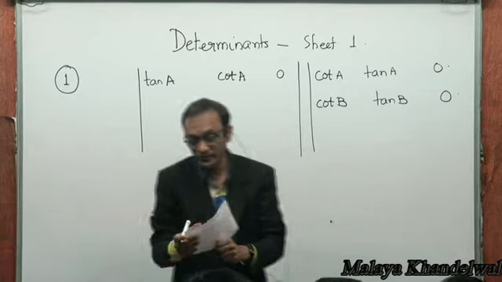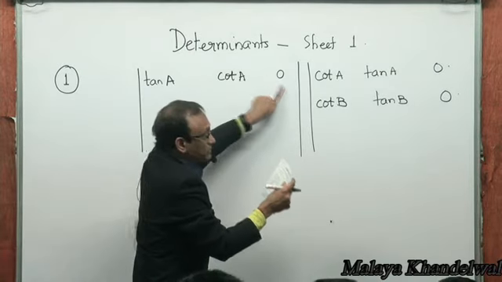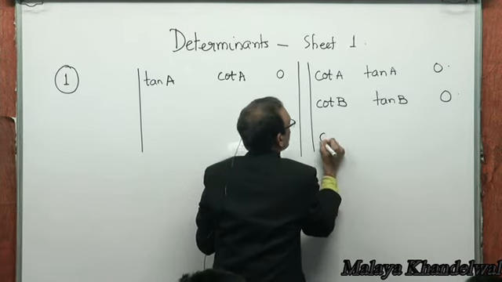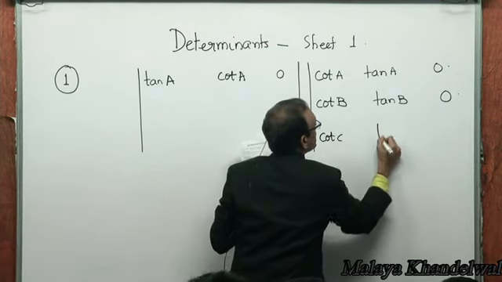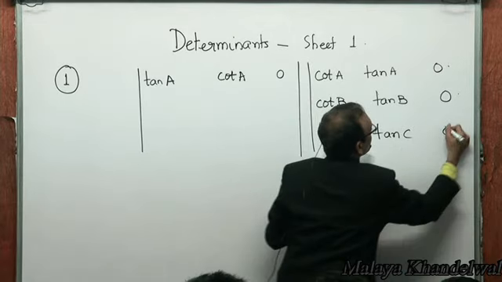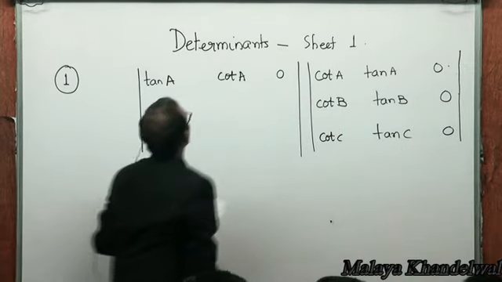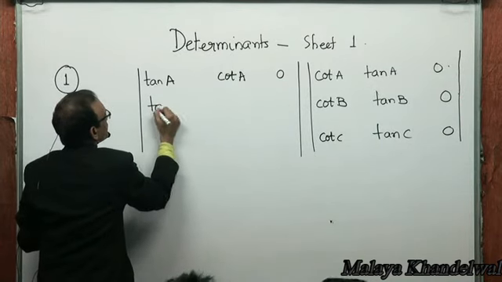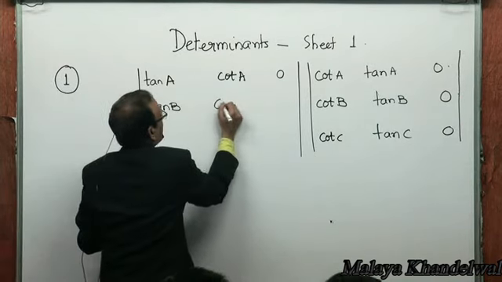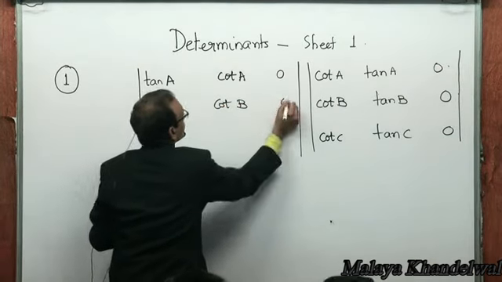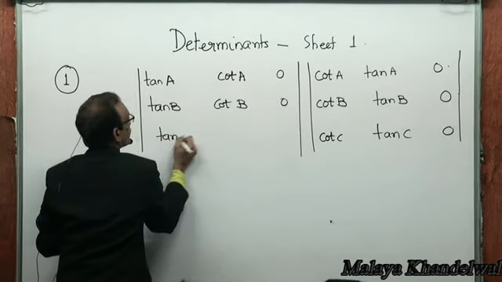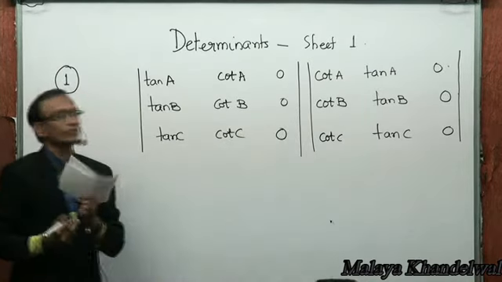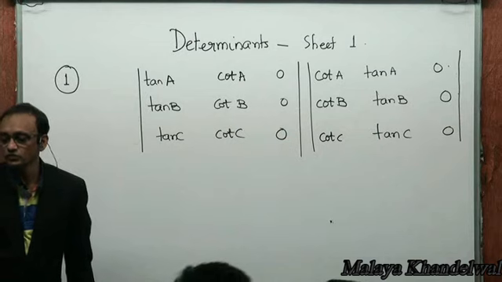Similarly, look at the third term. Tan A and cot A are intact. What we need is cot C and tan C. So put a cot C and tan C, 0. And then, of course, tan A, cot A, tan B, cot B, tan C, cot C. Yes or no?